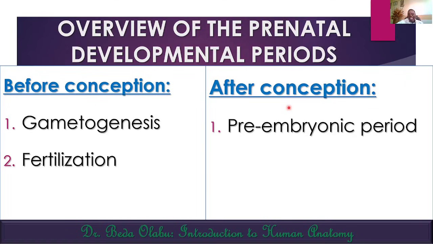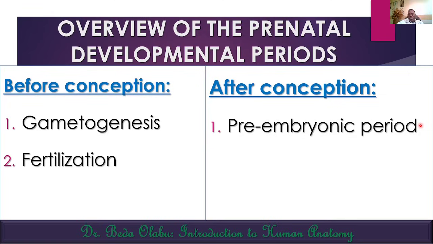You can call it early developmental period or the pre-embryonic period. And this in particular refers to the first 2 weeks after conception. This is what we're calling the pre-embryonic period.